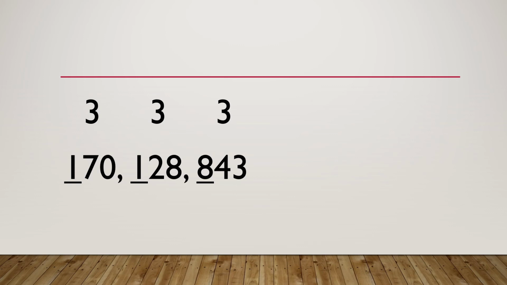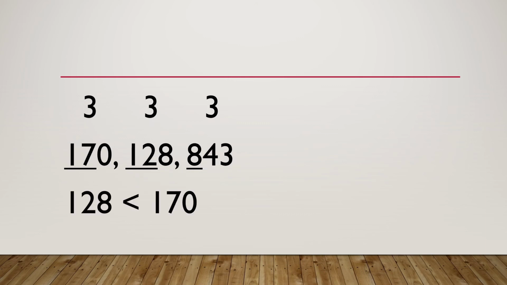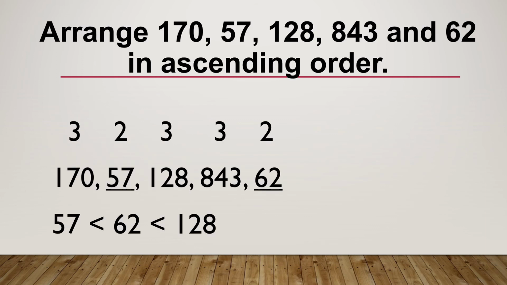So we have to compare tens place. In 170, tens place digit is 7. And in 128, tens place digit is 2. In 7 and 2, 2 is smaller than 7. So 128 is smaller than 170. So third smallest number is 128.